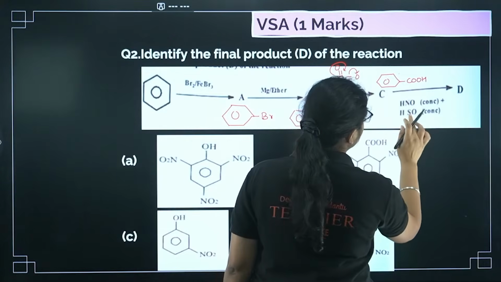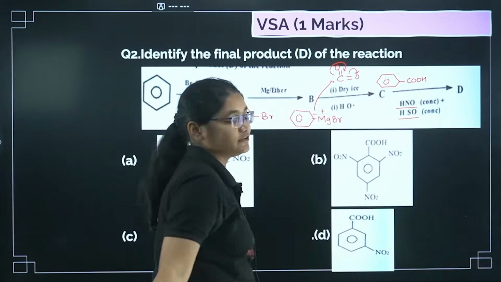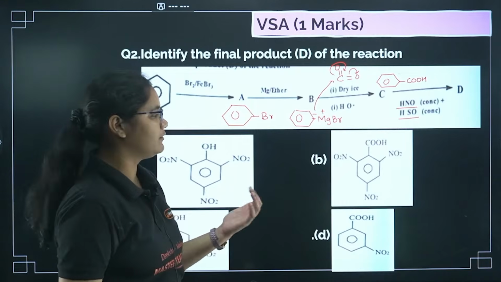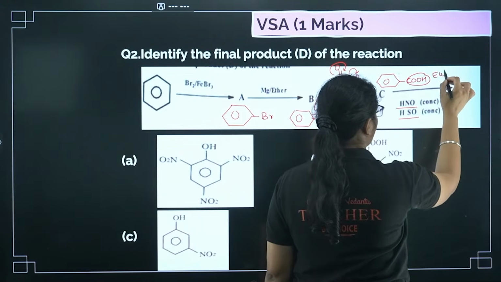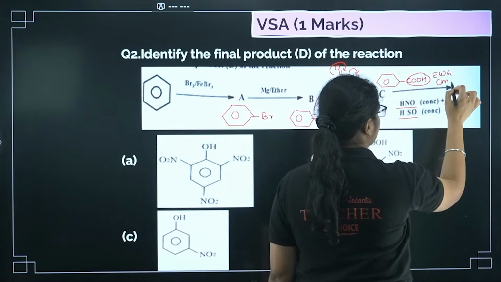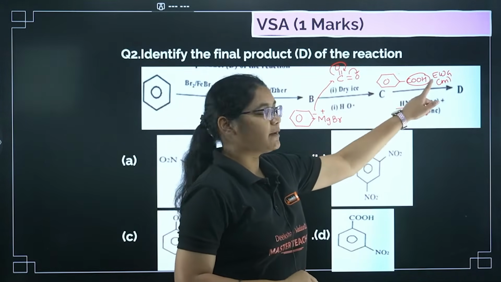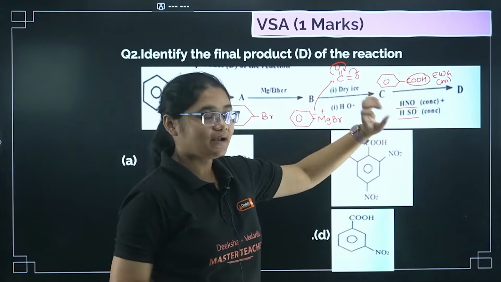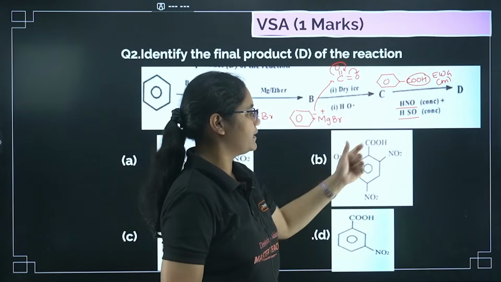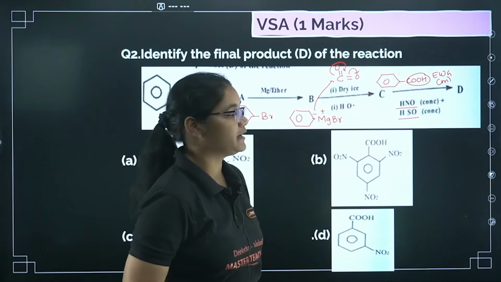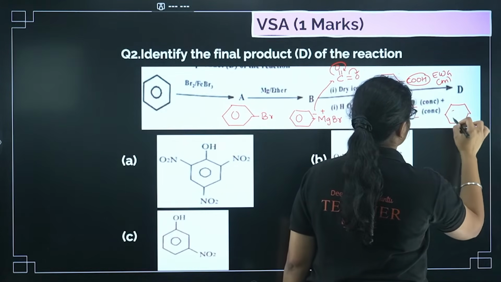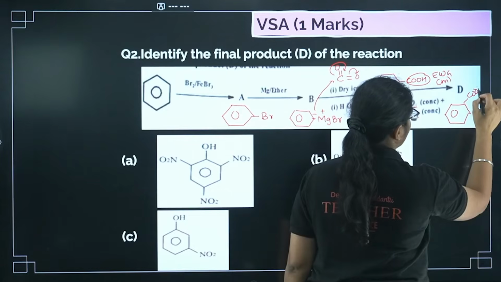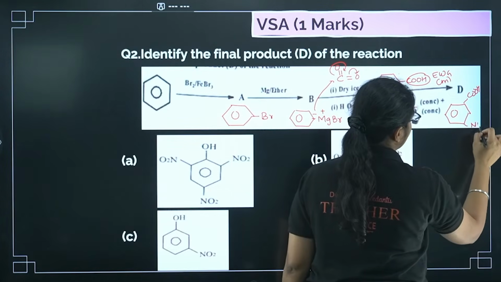Next you are treating with concentrated HNO3 and H2SO4, that is where nitration happens. Since this COOH is an electron withdrawing group, it is a meta-directing group. So nitration will take place at the meta position. What I will get here, D will have a COOH and an NO2 group.